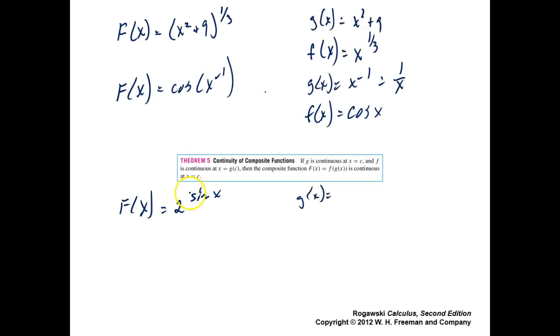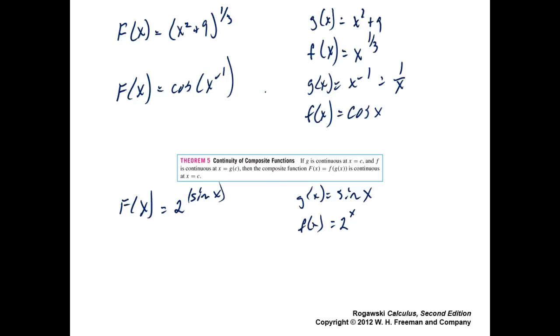Think of it this way. It's the thing inside the parentheses. That would be the sine x. And then your little f function would be 2 to the x, exactly. So, what about the continuity of sine? Everywhere.